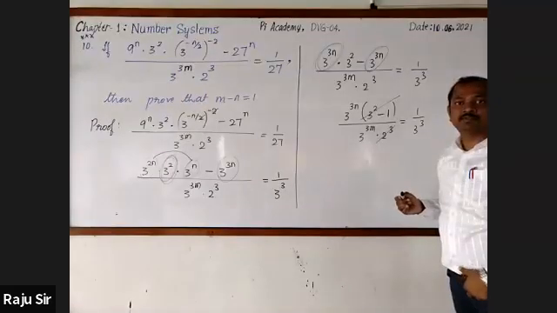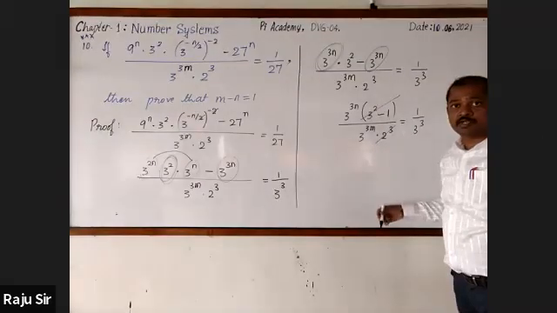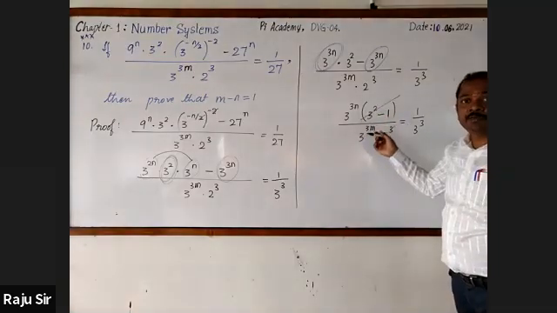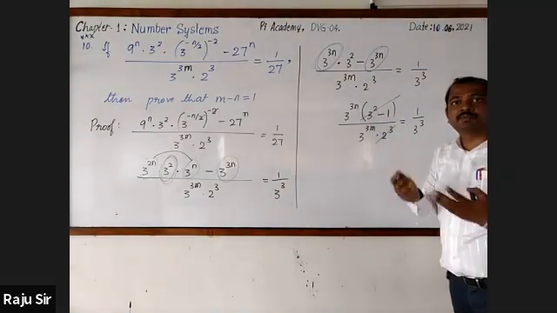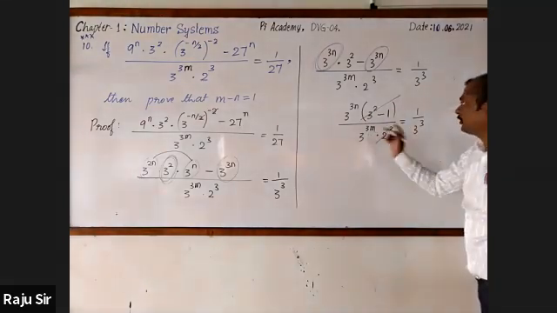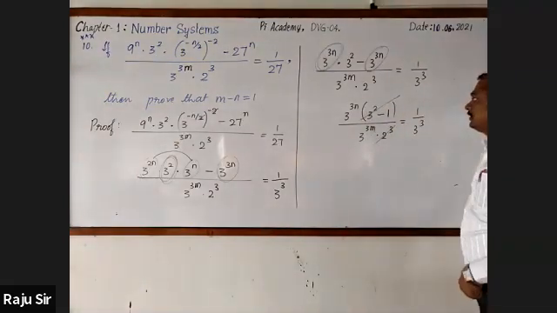This value is 8. This value is 8. You can cancel directly. Otherwise you write 3 square is 9, one step, minus 1, another step. The number of steps just increases. Directly you can go for cancel. Next.